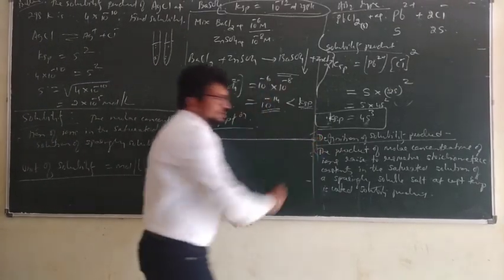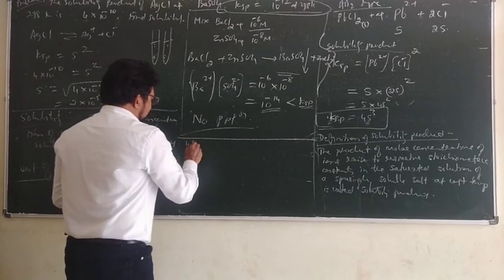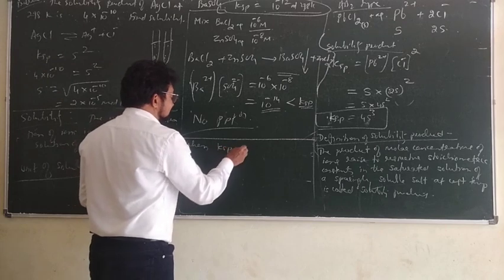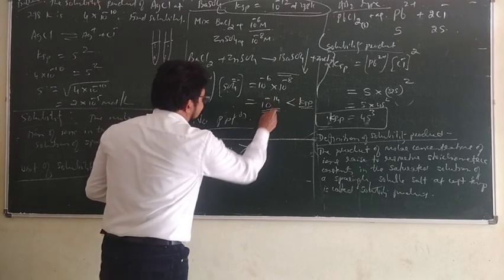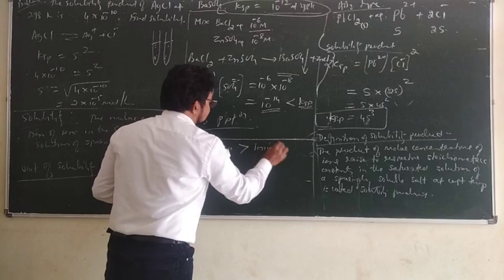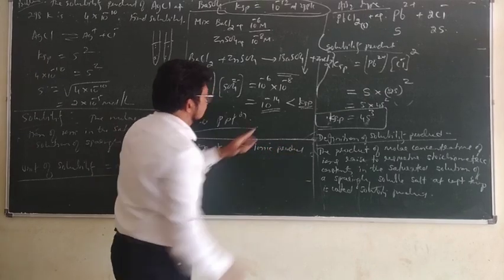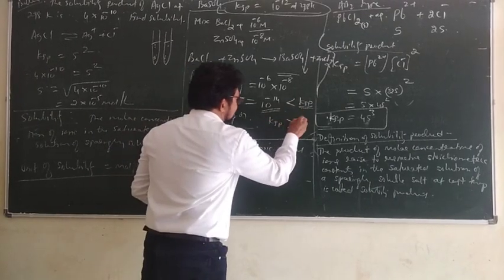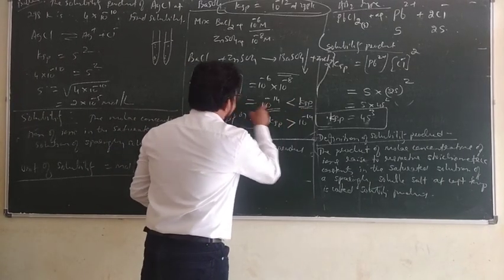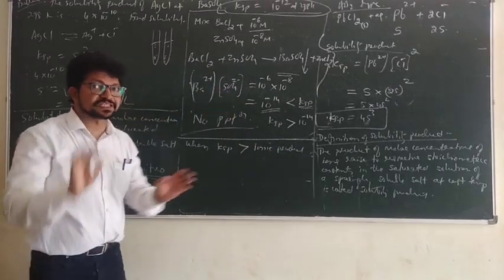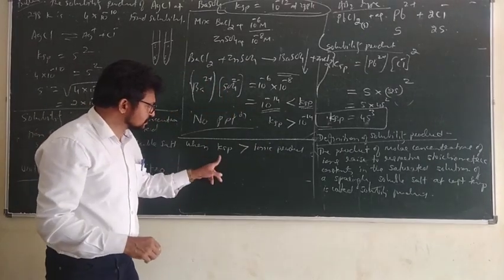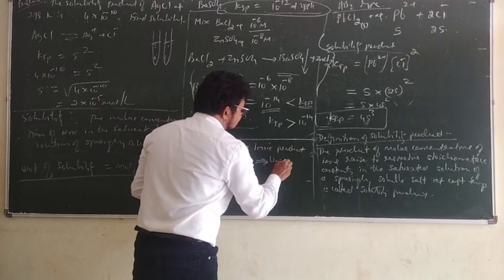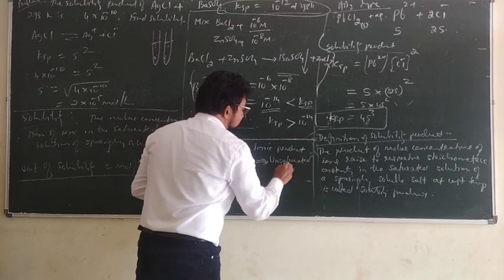This is what I want to convince you. When KSP is greater than ionic product, that is, ionic product less than KSP, KSP more than the physically available ionic product, it implies an unsaturated solution.